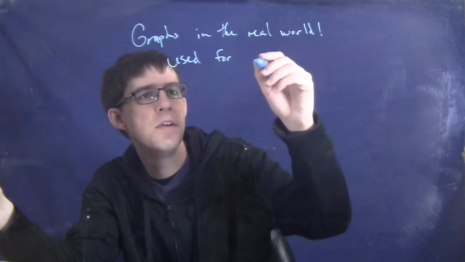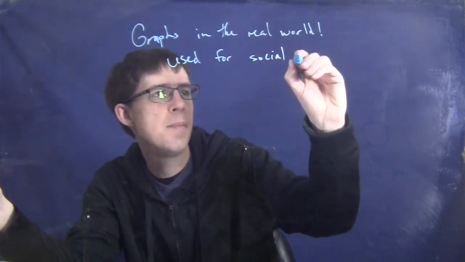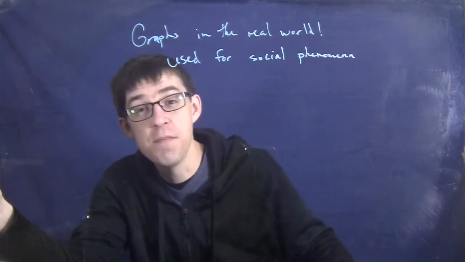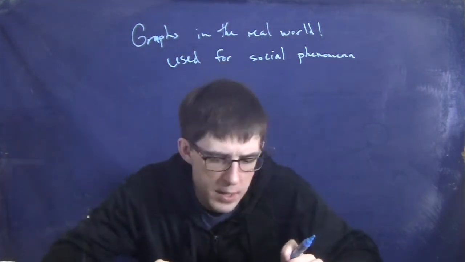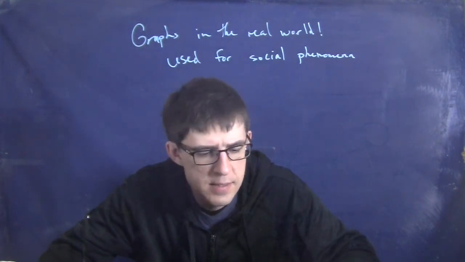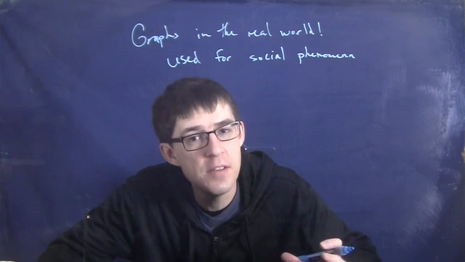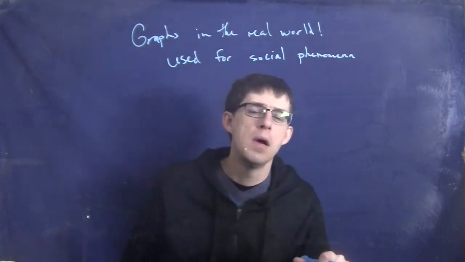I'm going to say they're used for social phenomena rather than physical phenomena. This is not a hard and fast rule, but generally the applications of graphs tend to be for man-made things or man-made structures, societal structures.